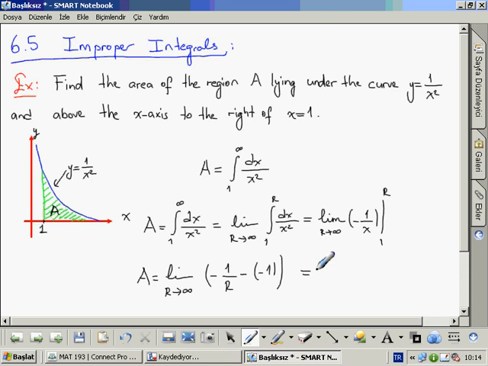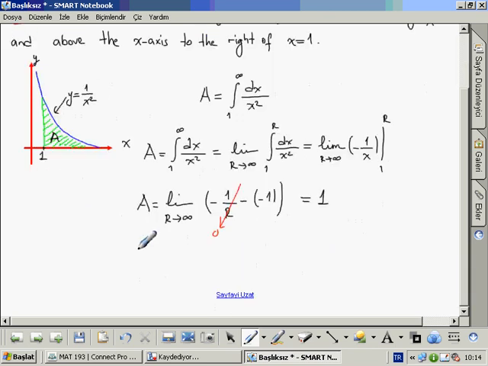When r approaches infinity, this part goes to 0, so it equals plus 1. So we can say this area equals 1 square unit.